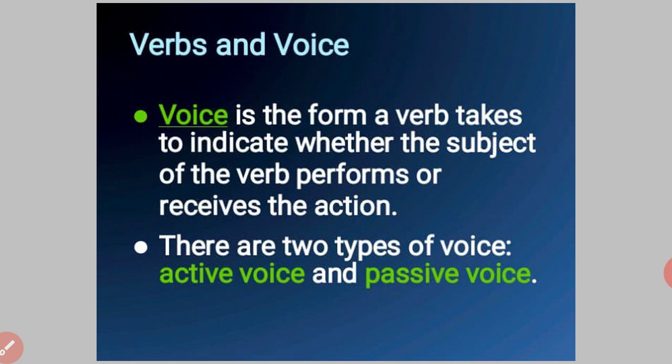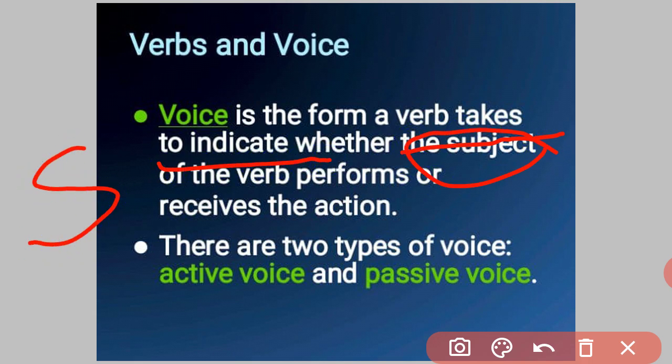Voice is the form of a verb that takes to indicate whether the subject of the verb performs or receives the action. What does it mean? Verb takes to indicate whether the subject, either it is noun or pronoun, receives the action or performs the action.